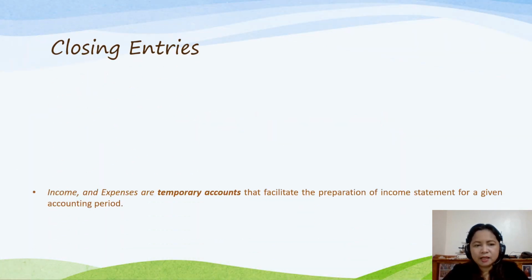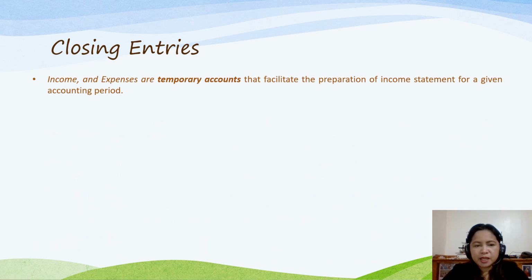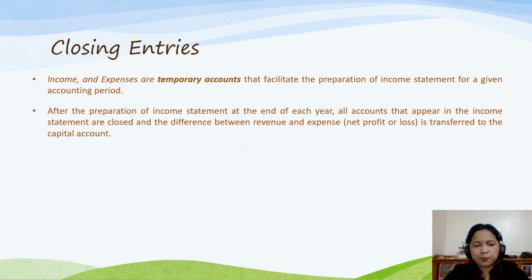So closing entries. Income and expenses are temporary accounts that facilitate the preparation of the income statement for a given period. So closing entries are actually prepared at the end of the accounting period, let's say December 31, end of the year.